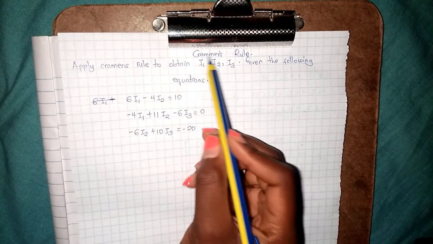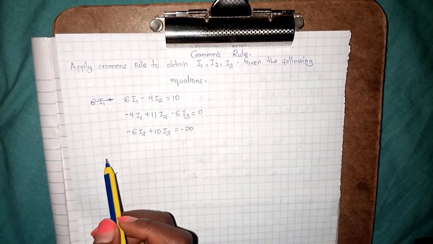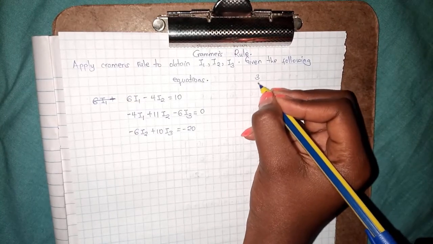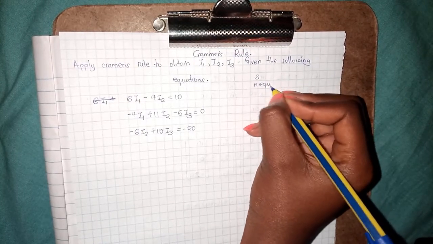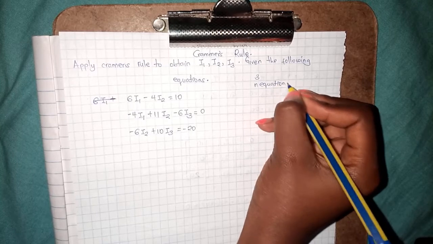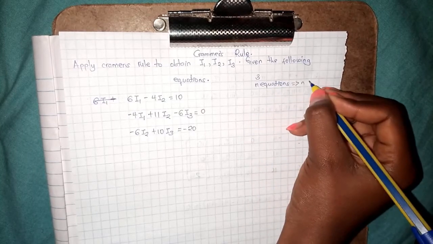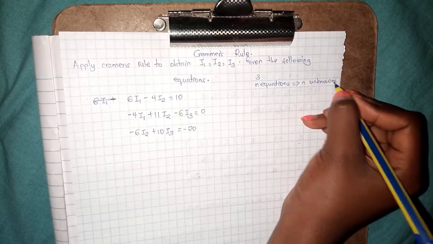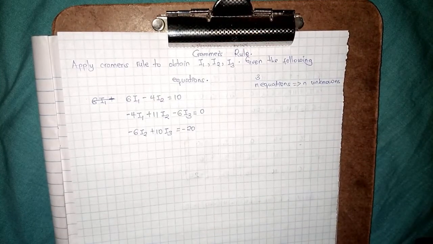Today we will be looking at Cramer's rule. Basically, Cramer's rule is used where you have n equations and n unknowns. This means the number of equations equals the number of unknowns.